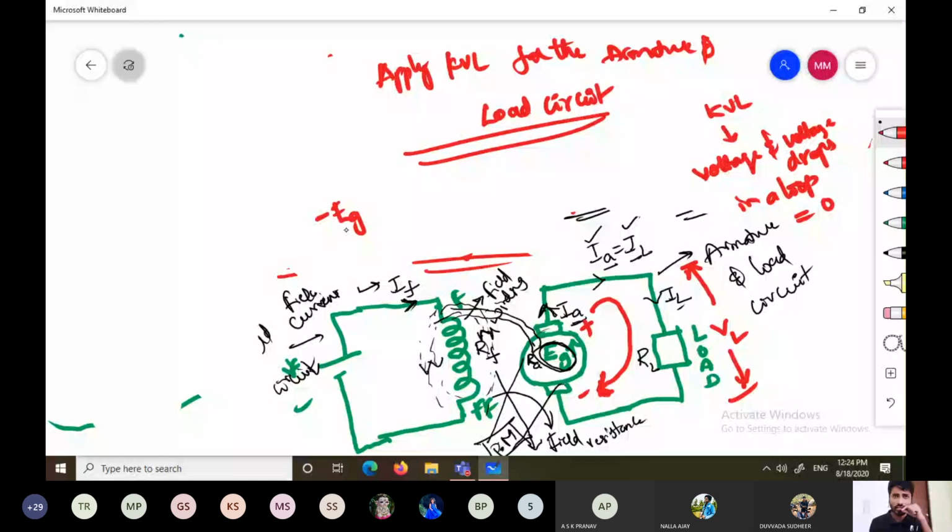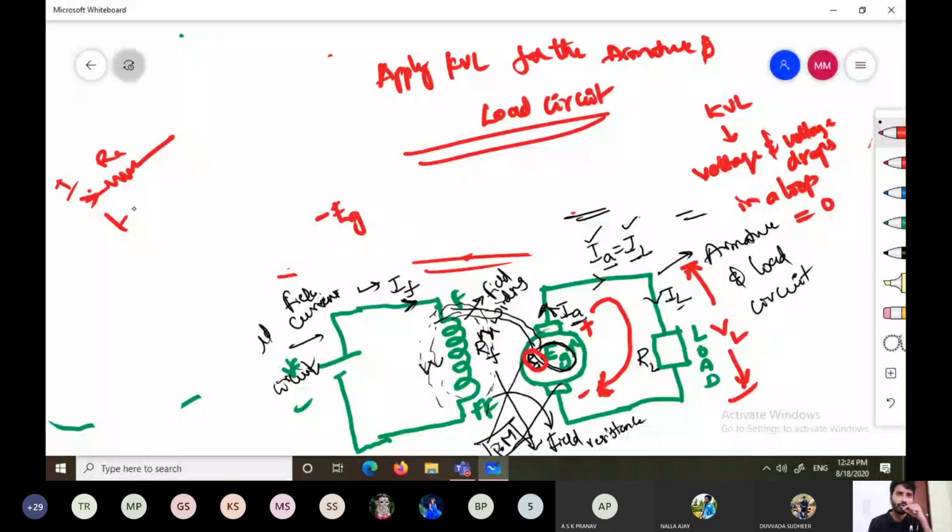As the armature has some resistance, it is represented with RA. RA is the internal resistance of the armature, the armature resistance. Whenever current passes through a resistance, there will be a voltage drop across it, represented as I into R according to Ohm's law.